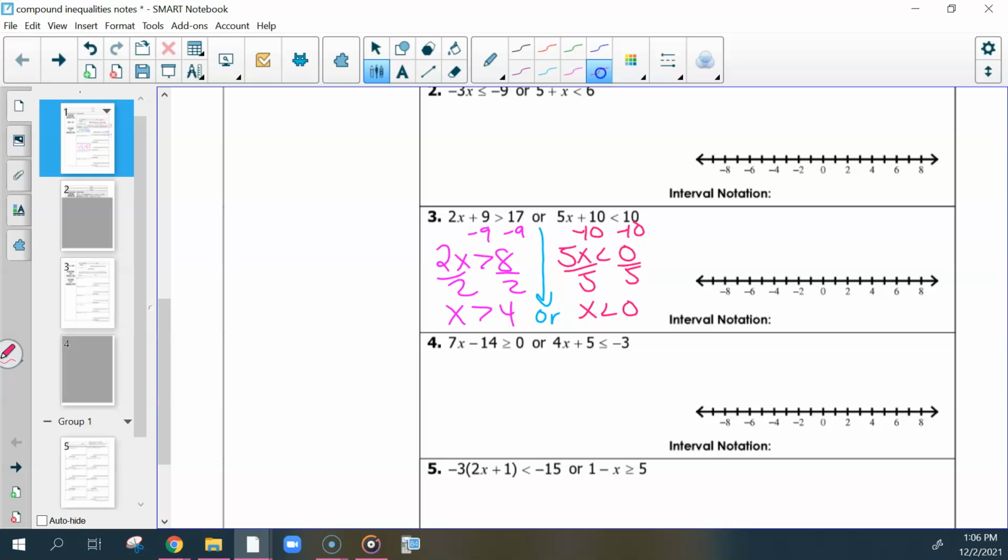So this is a good example where the right side has a left equation and the left side has a right equation. If you wanted to, you could rewrite this as x is less than 0 or x is greater than 4. That way you know which one is left and right.